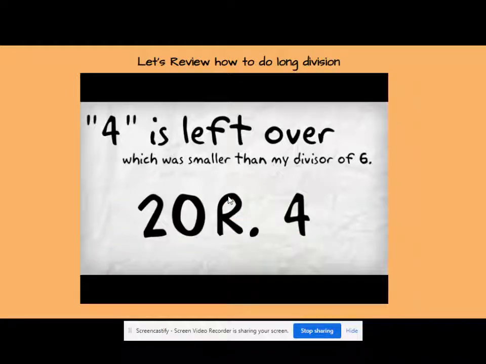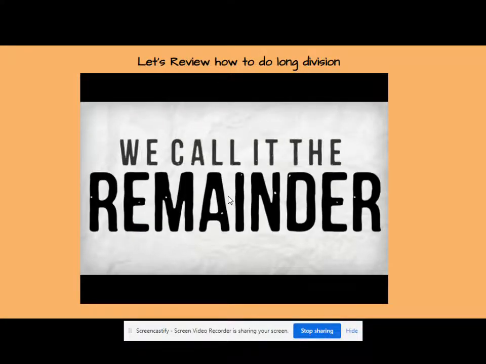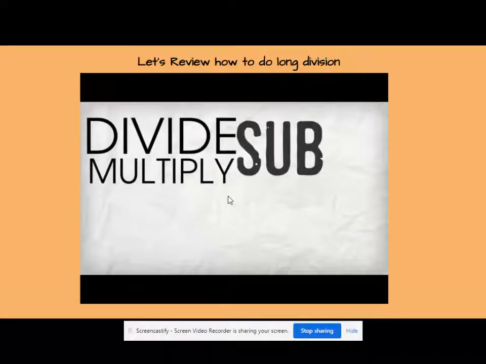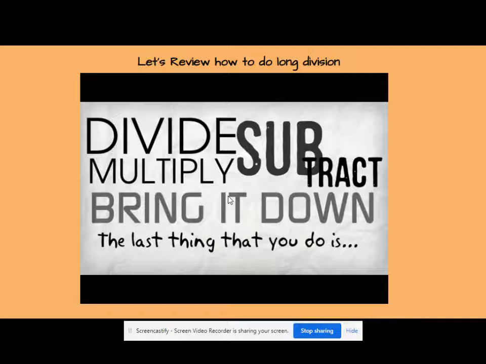Put it behind the quotient. Call it the remainder. First you must divide, then you multiply and subtract. Then you bring it down. Last thing that you do is check.